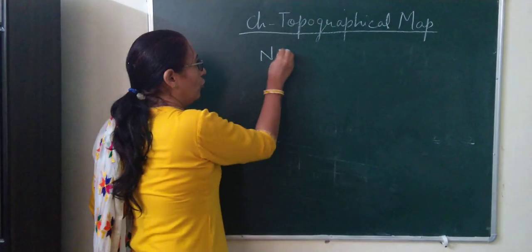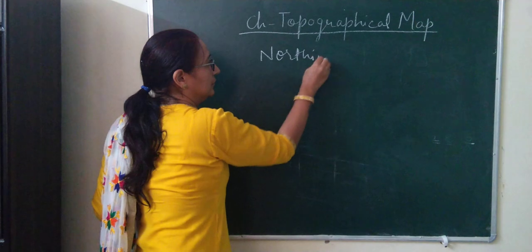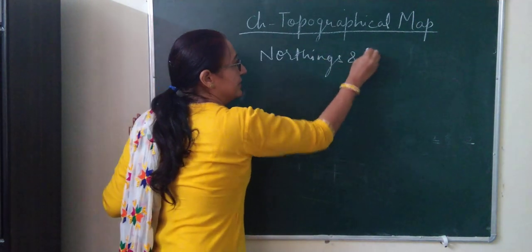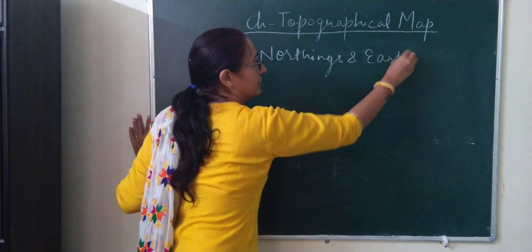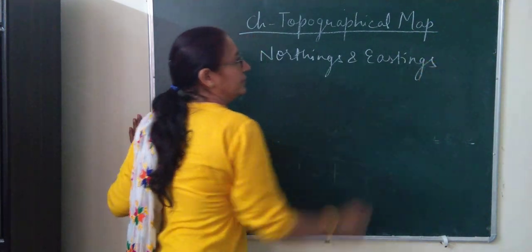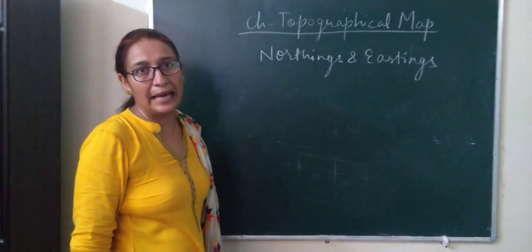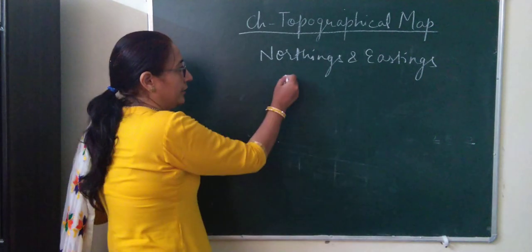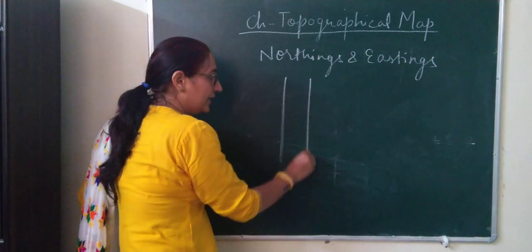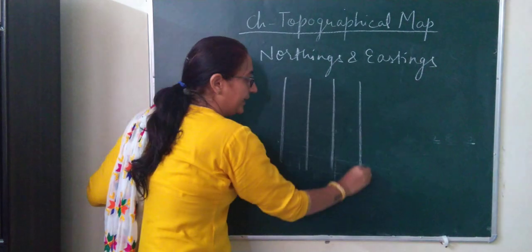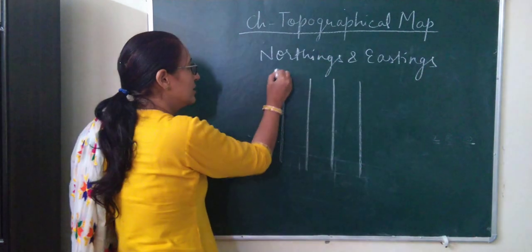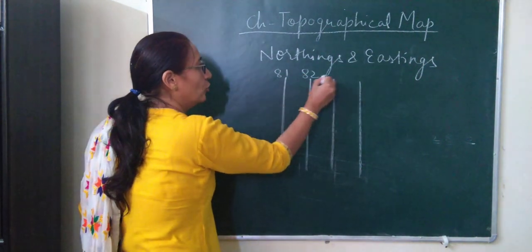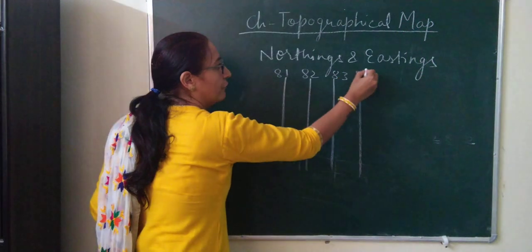Now, northings and eastings, these are imaginary lines on topographical maps, and standing lines, vertical lines indicated with different numbers 81, 82, 83, 84.